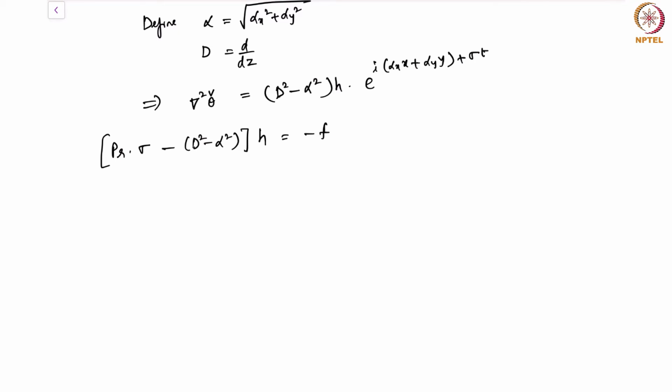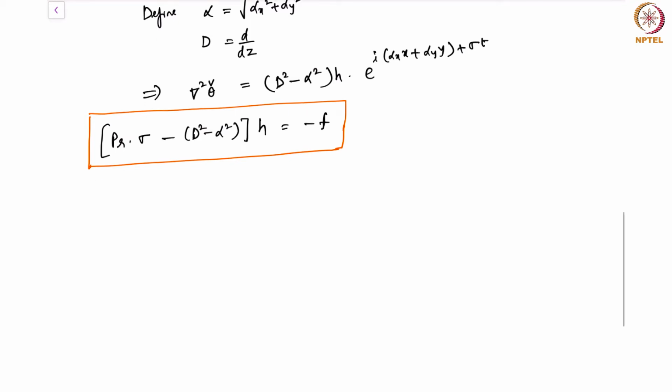Note that I am not writing the exponential terms because the w hat also has the same exponential term, so this exponential of i (alpha x x plus alpha y y plus sigma t) will cancel out. So equation 12 essentially becomes this ordinary differential equation. It's an ordinary differential equation because the only derivative that we have in this equation is d by dz, that is capital D.